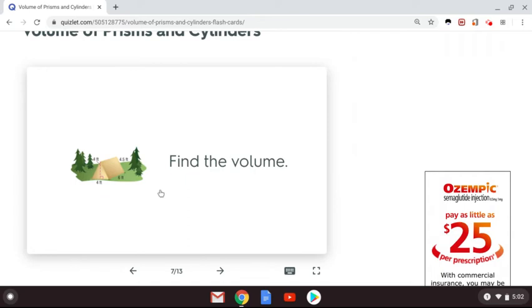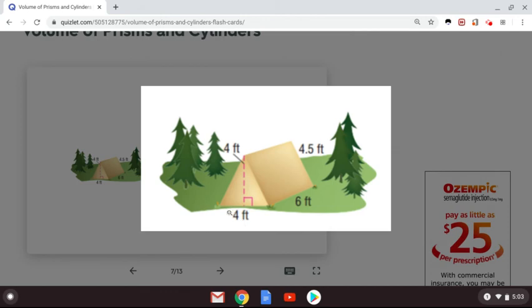Okay, so now for this one, they're asking us to find the volume of this entire thing. And so they give us that this portion here is 4, and this is 6, and this is 4.5 right here.